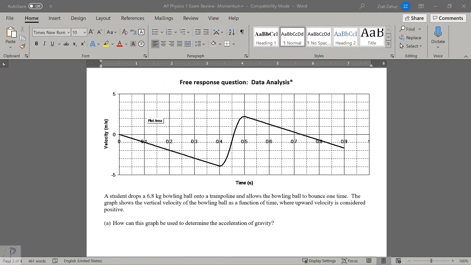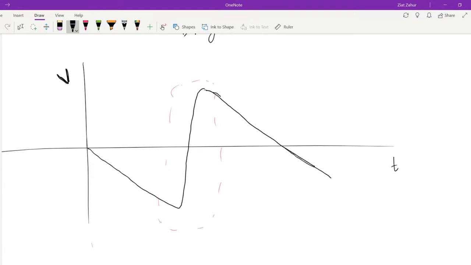Yeah, so what force acted on it? What force is it? Well, what is our system? It's a bowling ball, right? It crashes into the trampoline, and then the trampoline provides a force upwards, accelerates it the other way.